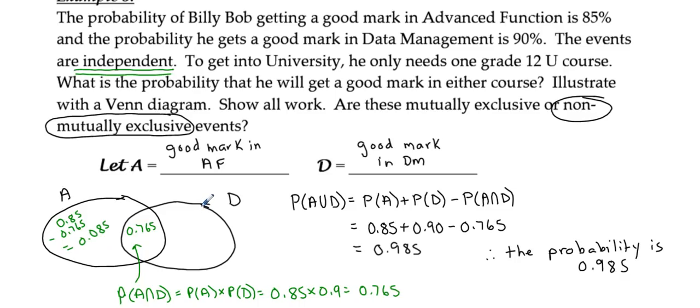And the same with data management. Getting a good mark in data management is 0.9, but that's the entire circle. So to just get data management only, you would have to subtract 0.765, and that would give you 0.135.